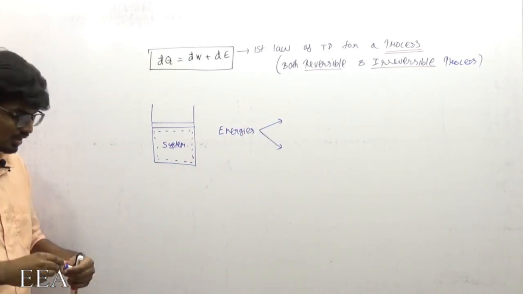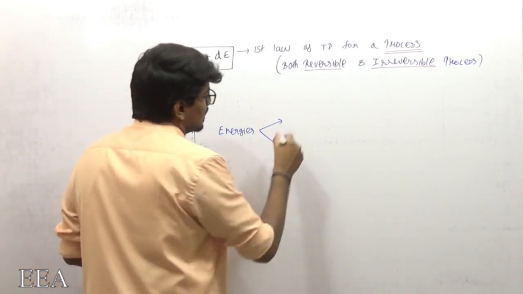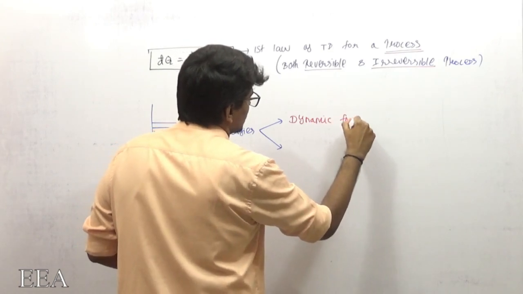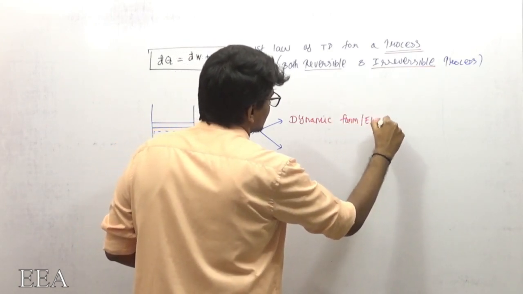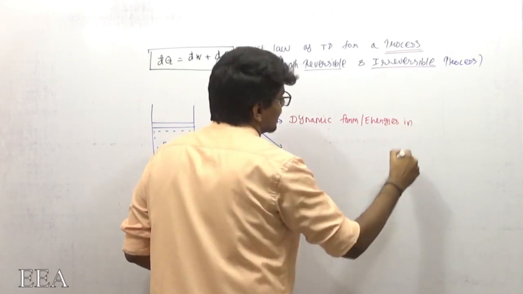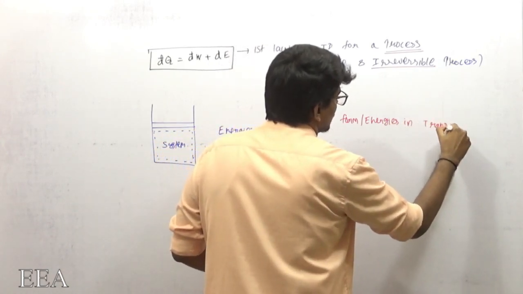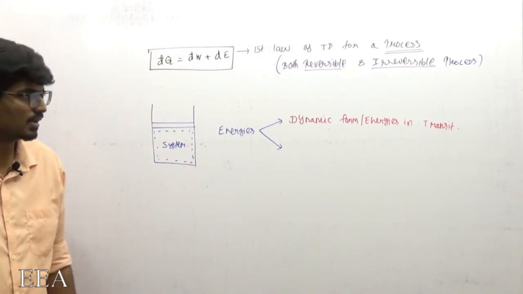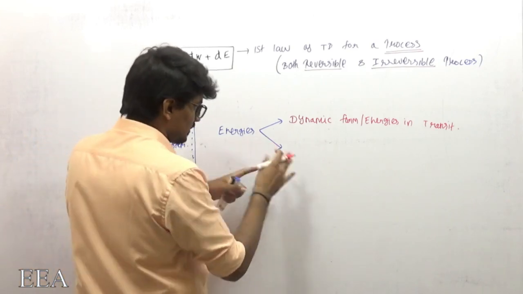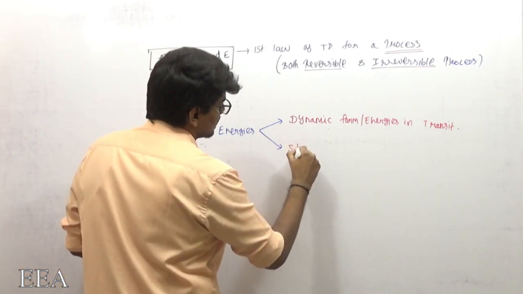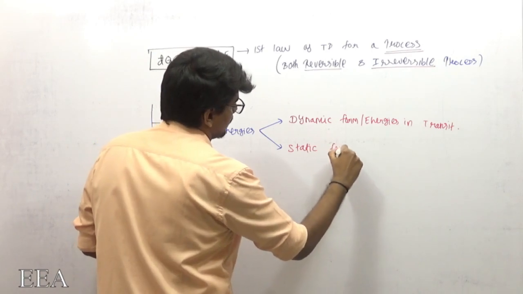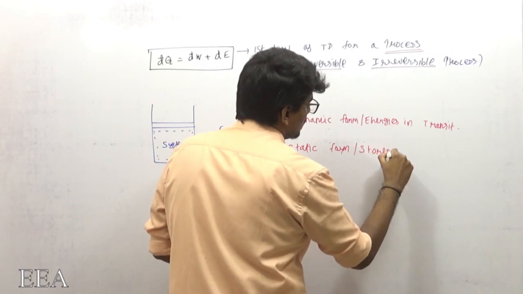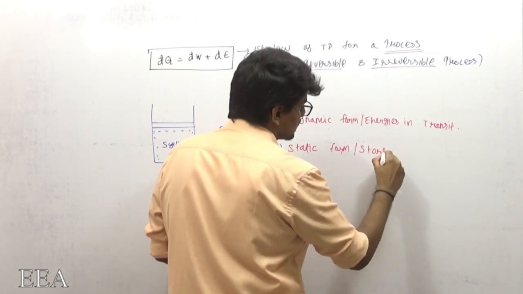One is the dynamic form, or energies in transit. The most popular term is energies in transit, and obviously we know that dynamic means motion. Another form of energy is the static form, which is nothing but stored form of energy, stored energies.